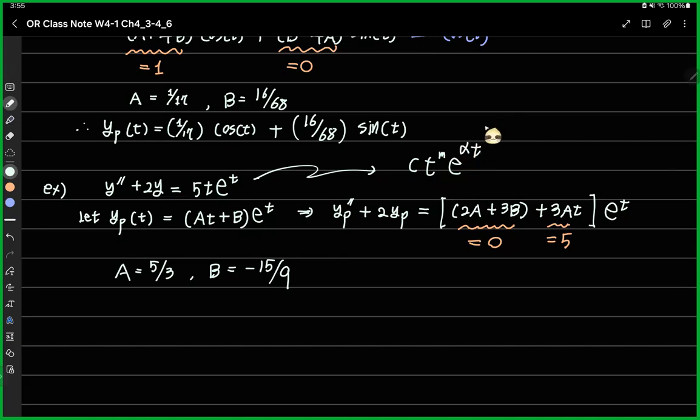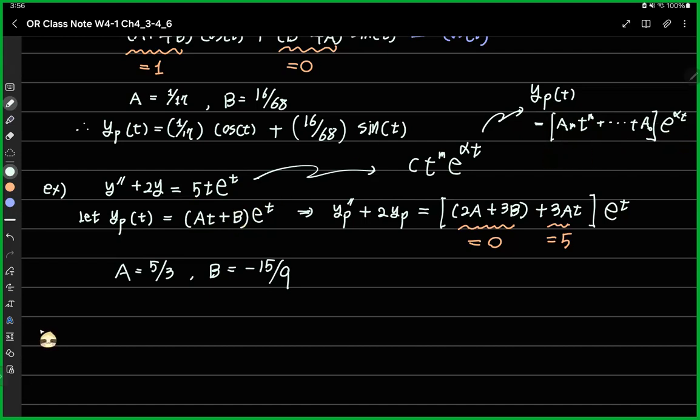Then the form of the specific solution must be a degree m polynomial, a_m t to the m-th power through a_0, times e to the alpha t. I'm sure that yp must be defined like this. So we can generalize this case, but here's an example.